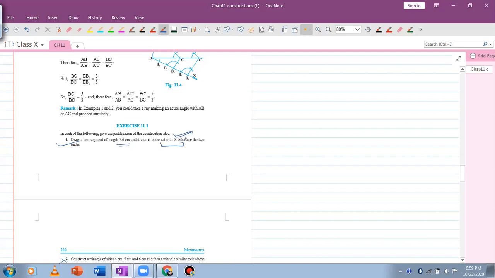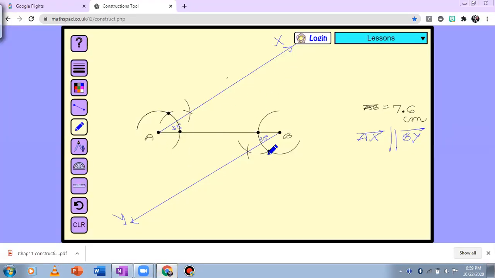This is most important. We will be now dividing those arms into equal parts. So the arm AX and the arm BY will be divided into equal parts, keeping in mind the ratio that we require. The ratio that we require is 5:8. So I will be dividing this arm AX into 5 equal parts. I'll be putting marks here.